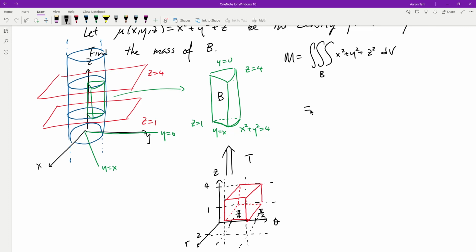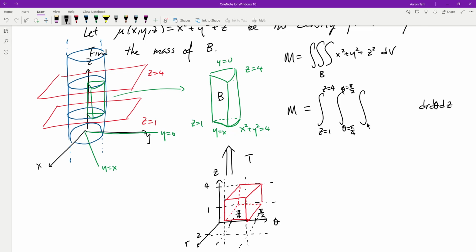So this mass is actually going to equal the triple iterated integral. Z would go from 1 to 4, so I'm going to do dz last. I guess I just go in order dr, d theta, dz. So theta would be the middle. That would go from pi over 4 to pi over 2.